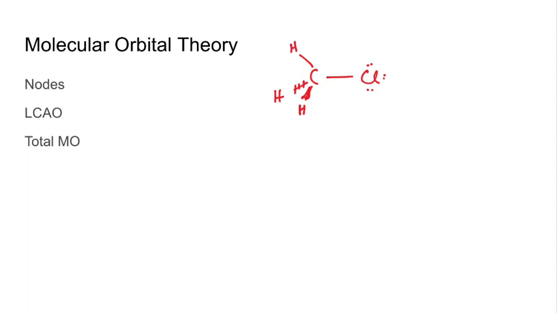How would we name this? This was the thing that everybody was getting perfect in SmartWork. What's that? CCl is the bond, that's not the name. What's the name of this compound?